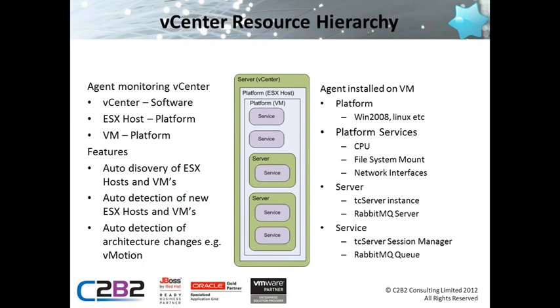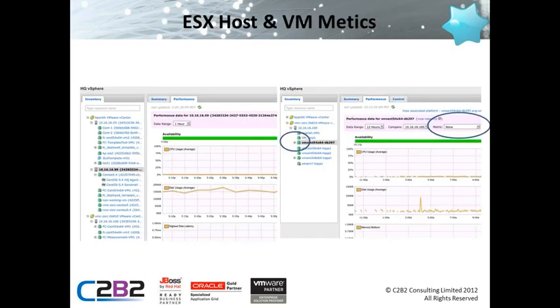So it's also a very, very powerful vCenter in addition to monitoring of your ESX and vSphere infrastructure. It can correlate metrics between the host and the VMs running on that host. For example, in this case, we have performance data for the host and performance data for a virtual machine running within it.